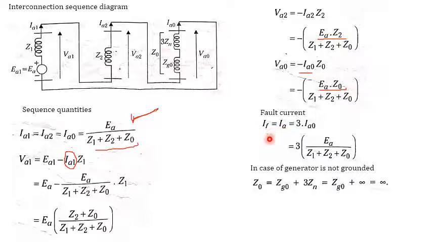Substitute this value into the equation for IF. If Z naught becomes infinite, the fault current will become 0, because 1 by infinite is 0. So these are the conditions we need to satisfy.